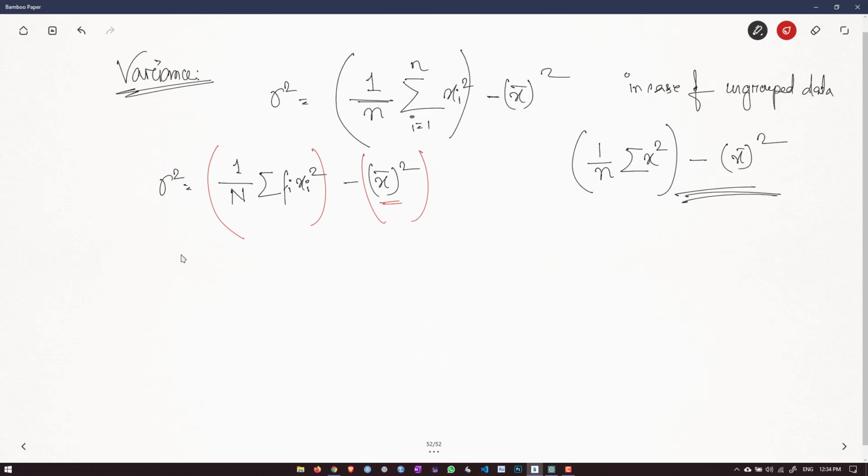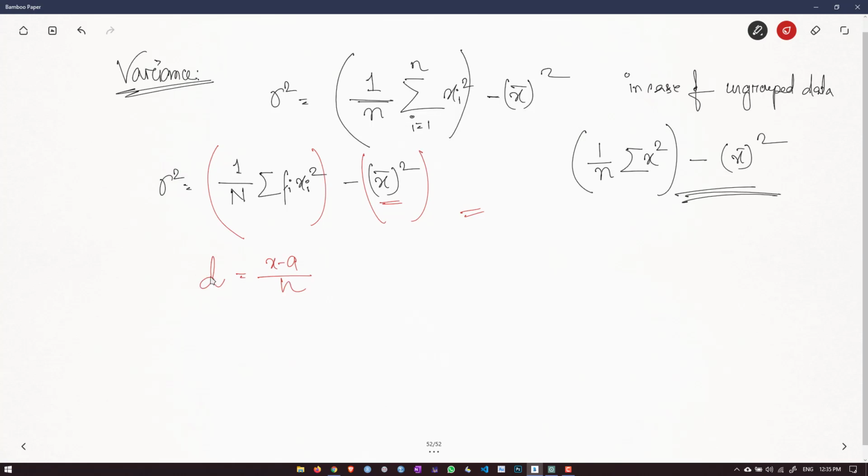Fine. So that is one way of reducing calculations. But still, if your numbers, that is your x or your frequencies, are quite big, you will still end up with large calculations. Now, like arithmetic mean, where we used to have a new data set d equal to x minus a by h, right?